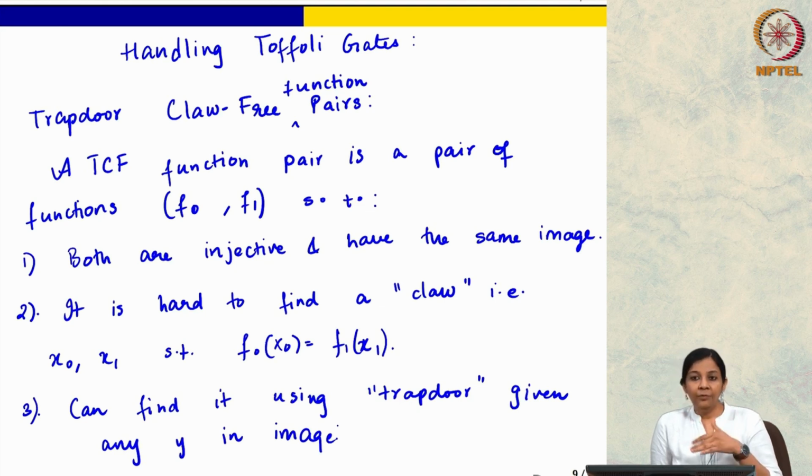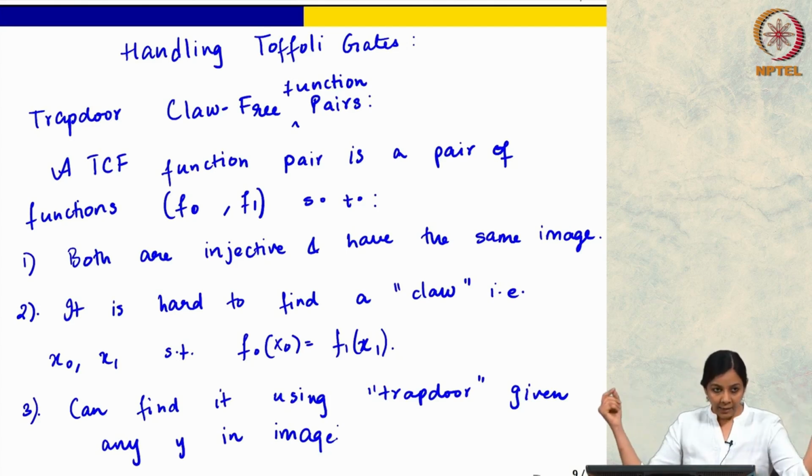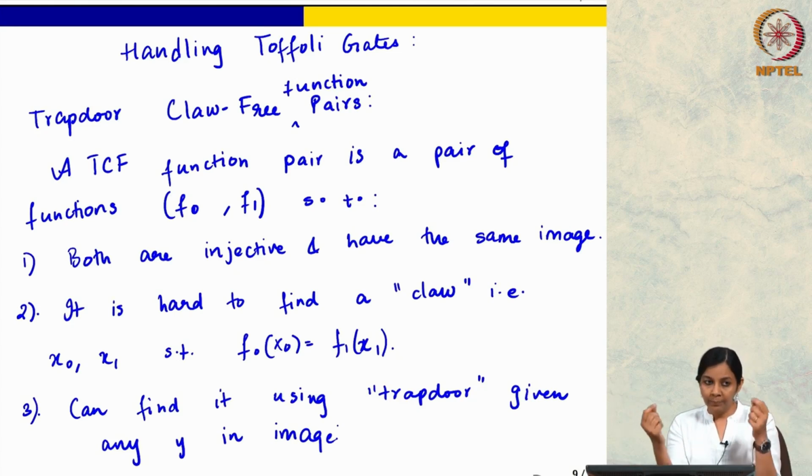Injective means that any point in the range has only one inverse, and it is hard to find a so called claw, which means two inputs that take the two functions to the same output.